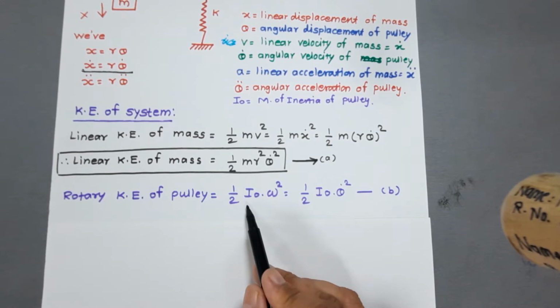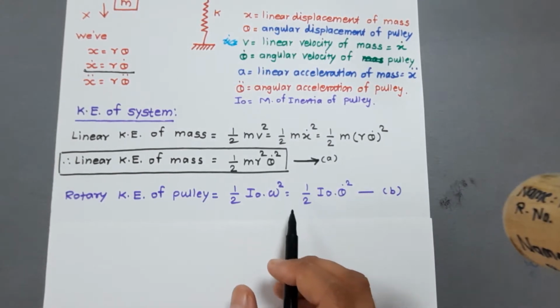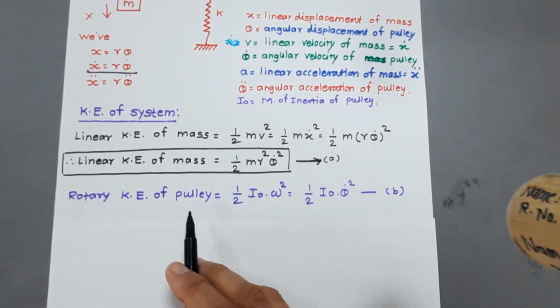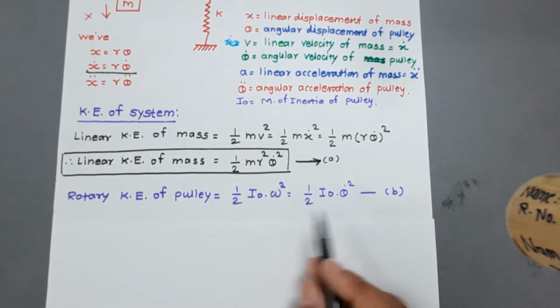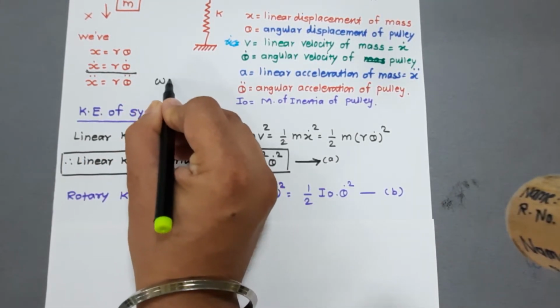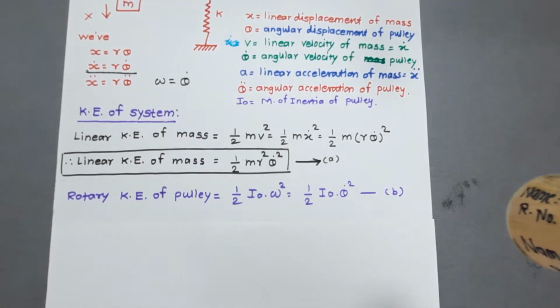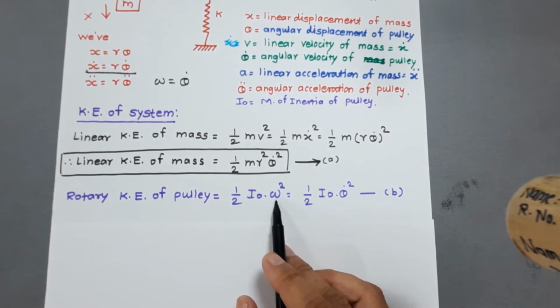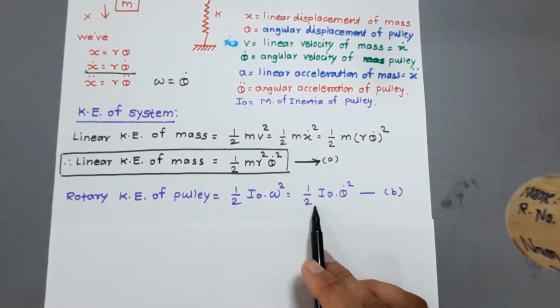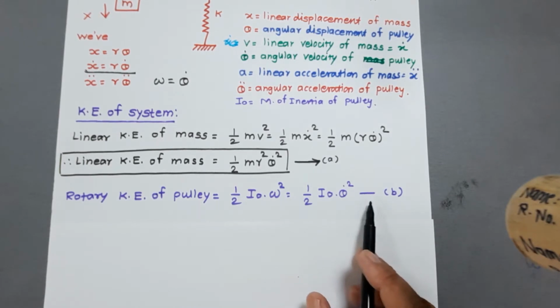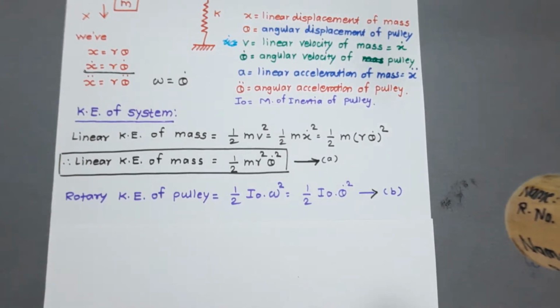We know omega is the angular velocity, and in this system angular velocity is represented by theta dot. So I have replaced omega with theta dot, and the formula changes to 1/2 I0 theta dot square. This is our equation number B.